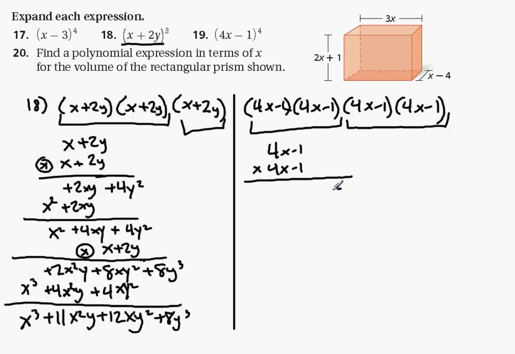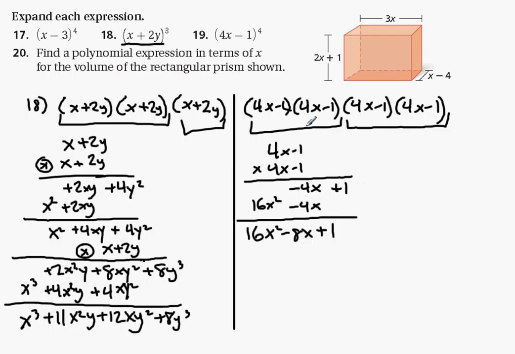Negative 1 times negative 1 is a positive 1. Negative 1 times 4x is a negative 4x. Here I have 4x times negative 1 is a negative 4x again. And 4x times 4x is 16x squared. Adding my columns, I get 16x squared minus 8x plus 1.